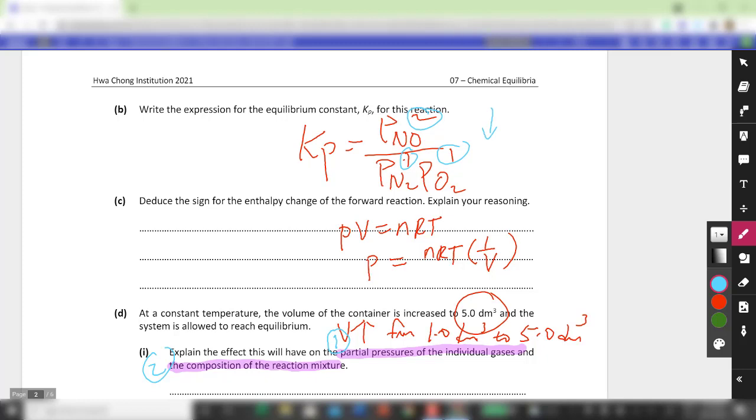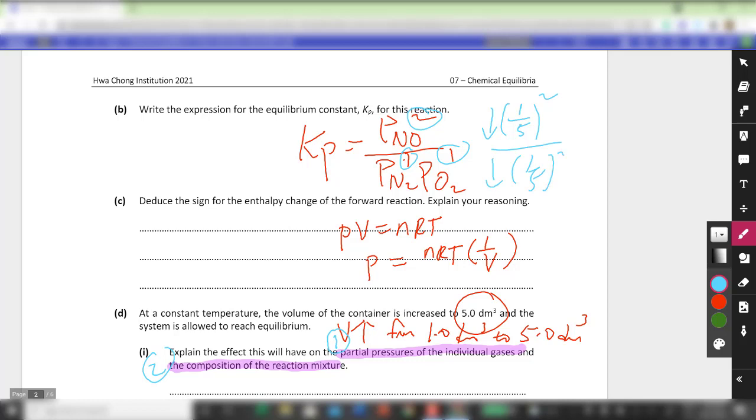So I will put in a factor of 1/5, and then square it, and then the bottom. I'm sorry that I have to use a bit of mathematics to explain, because it might be clearer. You'll see how this allows you to understand it a little bit better.